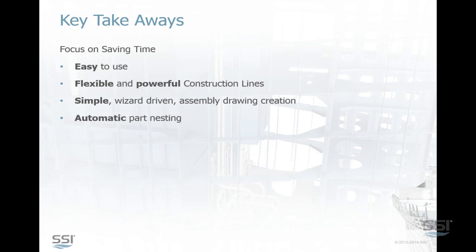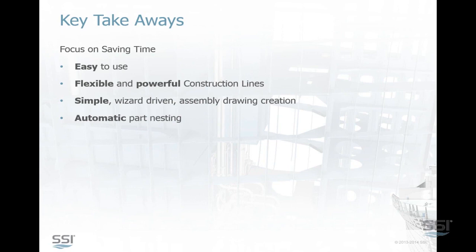The other thing is the set of powerful and flexible construction lines, especially the offset and the planar group plane construction lines, allowing for the associative modeling of the parts in your ship. This minimizes the amount of effort required to adapt to changes in the ship design.